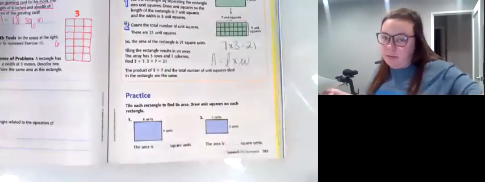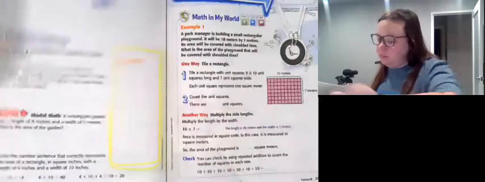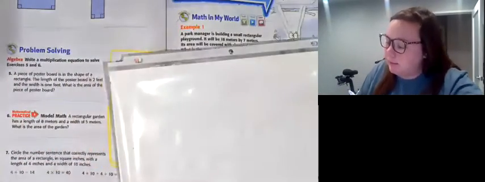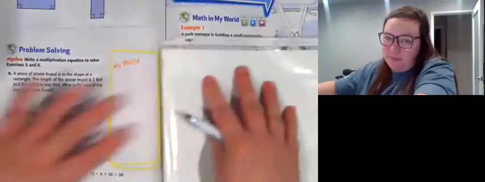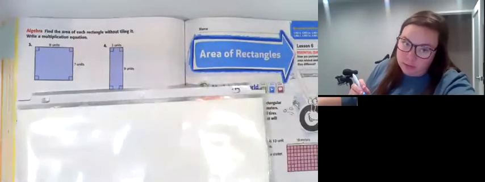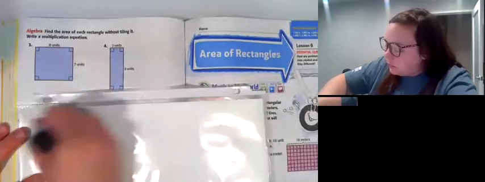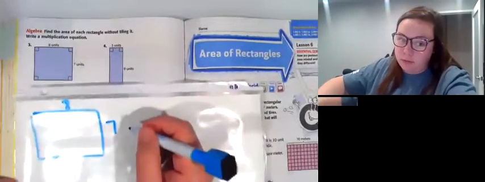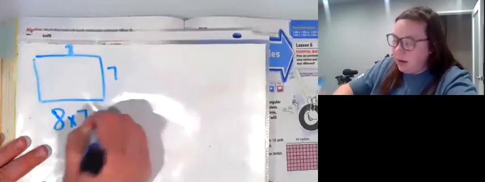Moving on to our next page. We have 8 units by 7 units. They do not want you to draw the squares. If you still need to, you can, but I would like you to challenge yourself by just writing the multiplication equation and finding it.